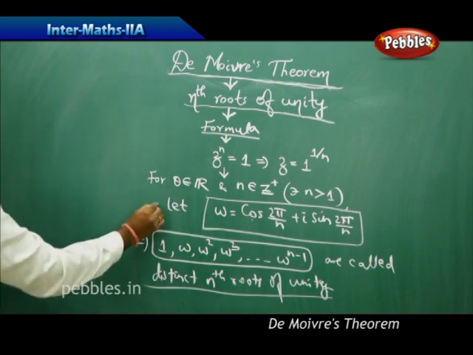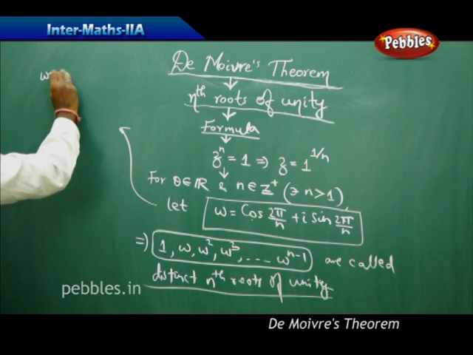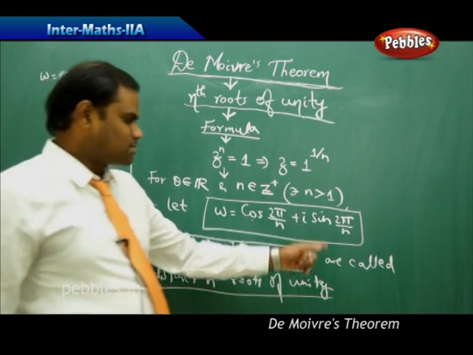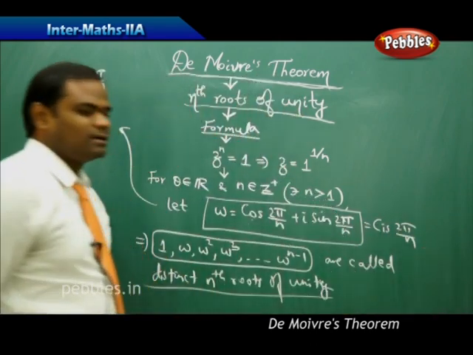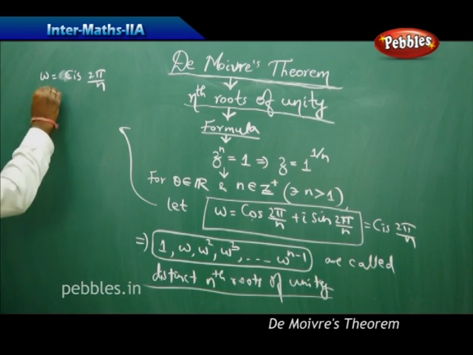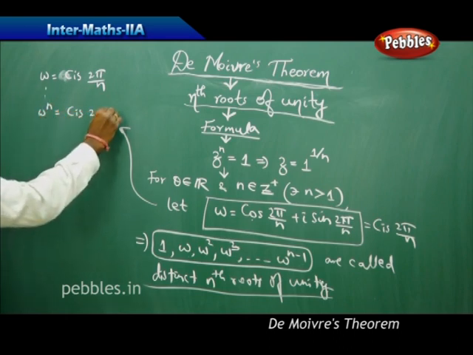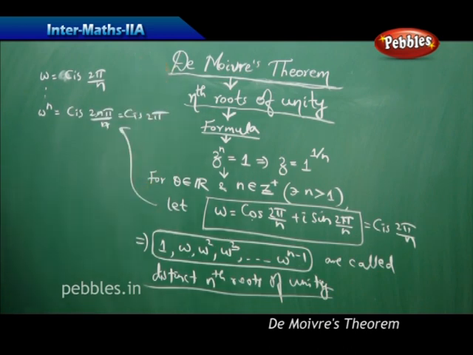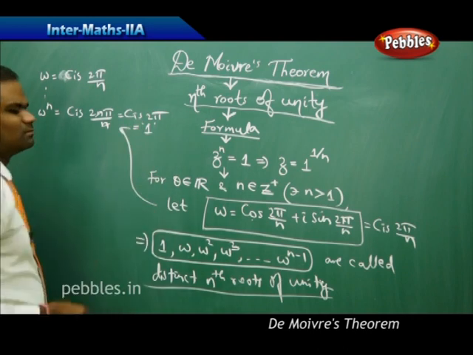Therefore, if I connect this with omega is cis 2 pi by n, which is cos 2 pi by n plus i sine 2 pi by n, then my omega power n is nothing but cis 2n pi by n, which is cis 2 pi, that is 1.